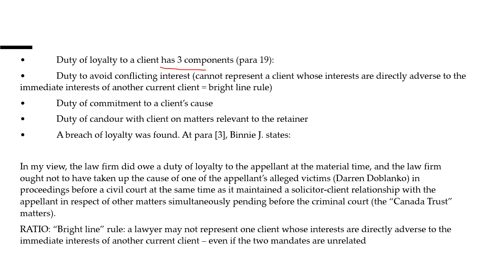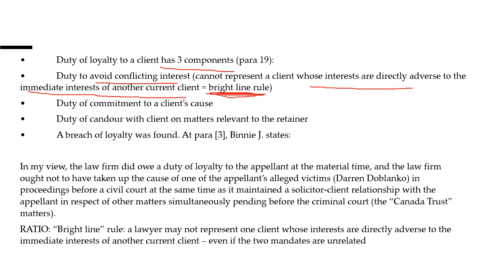So the duty to a client has three components. Firstly, it includes the duty to avoid any conflicting interest. This is a bright line rule. You cannot represent a client whose interests are directly adverse to the immediate interest of another client. For example, you are a law firm, you have two clients, you cannot represent one client whose interests are immediately affected by another client.